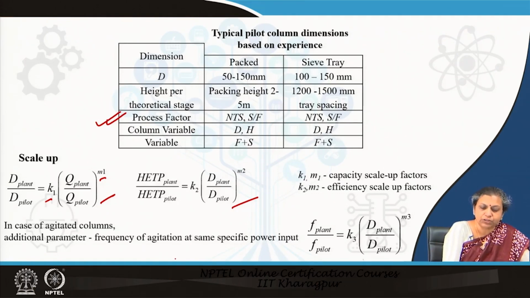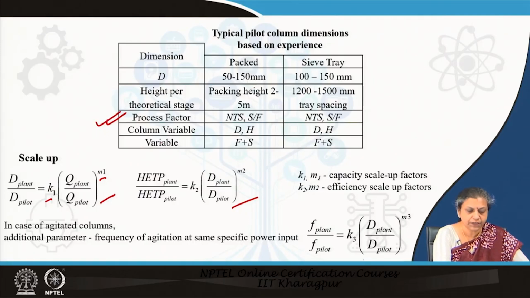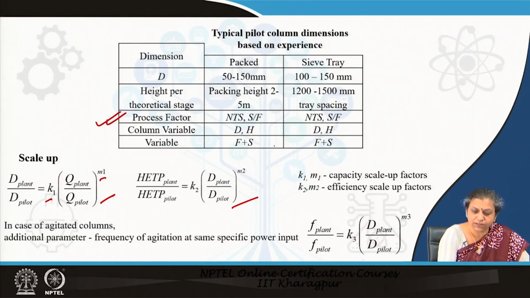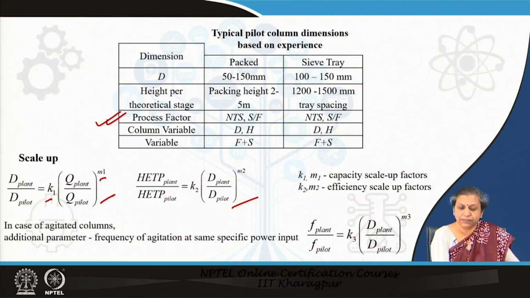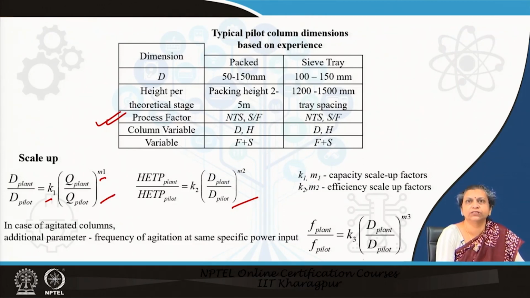Here I have put down the typical dimensions and also the process factors and the column variables. So, all these things have been put up. There are identical plant column and pilot column dimensions available for agitated contactors as well. Since we will not be dealing much with agitated contactors, I have not included them in this particular table.